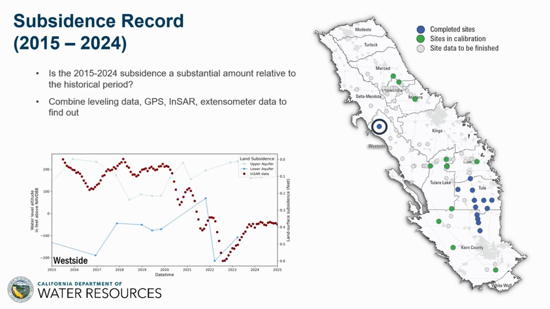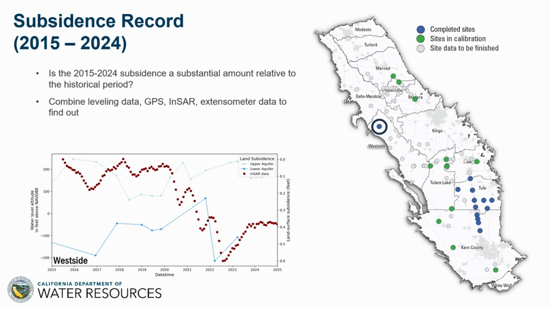So here I'm showing a site in the West Side Subbasin along the California Aqueduct. There's a bit of subsidence from 2015 to 2025, as much as 0.6 of a foot, although some of it was elastic, and it's currently showing about 0.4 of a foot of subsidence in 2025.